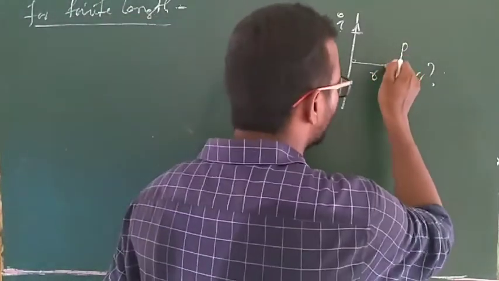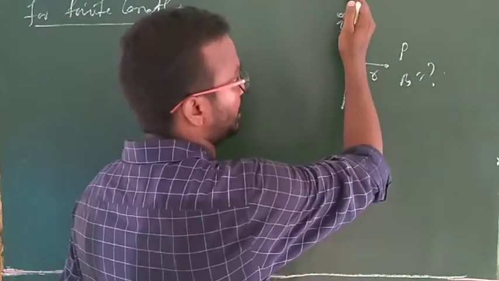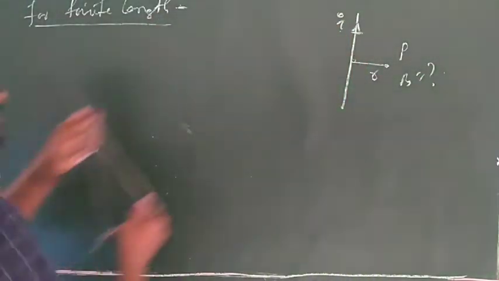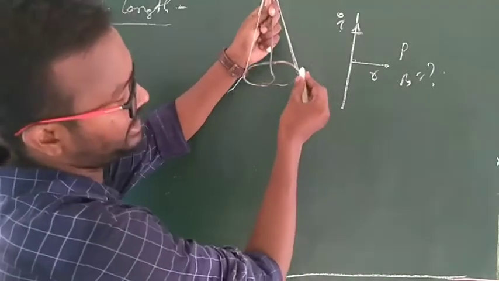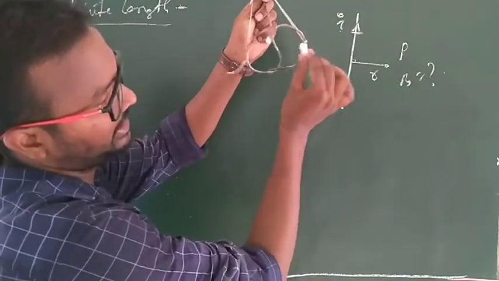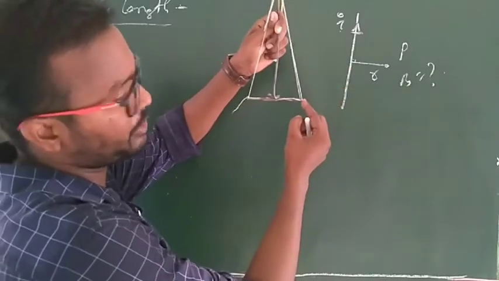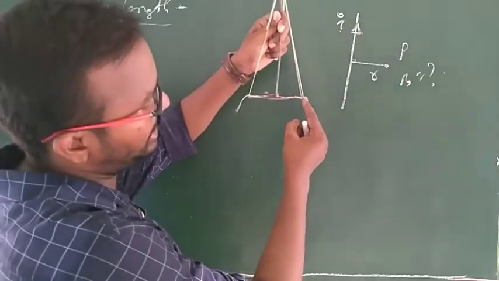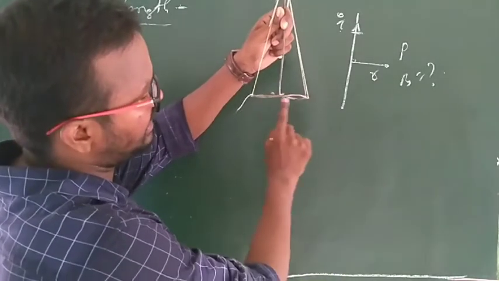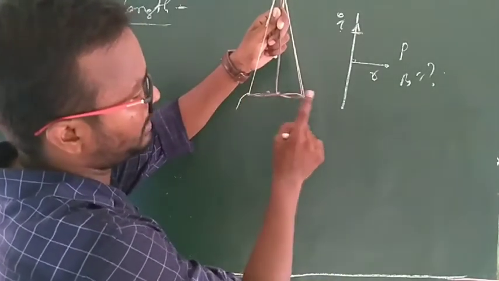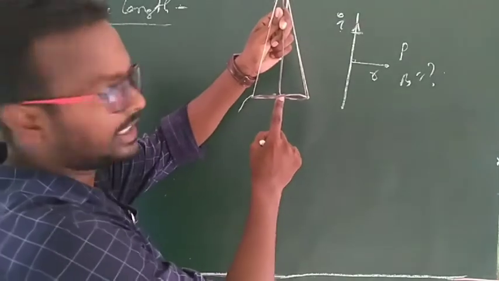Clear? Because we know this is the direction of flow of current, this point is P and this distance is r. We have to find the magnetic field at this point. Well, you know, this is the direction of current, then the magnetic lines go in this way, and these make concentric circles. Clear?